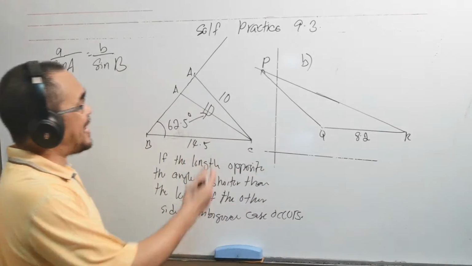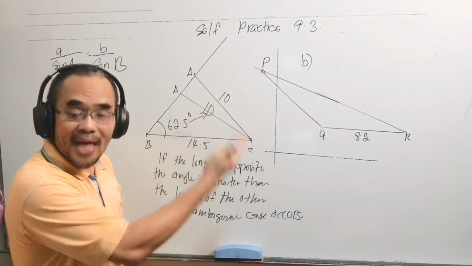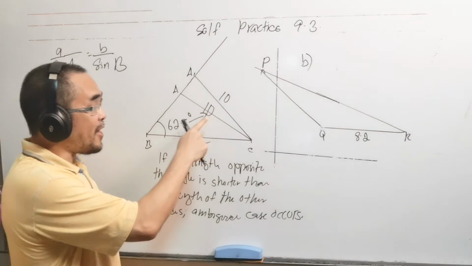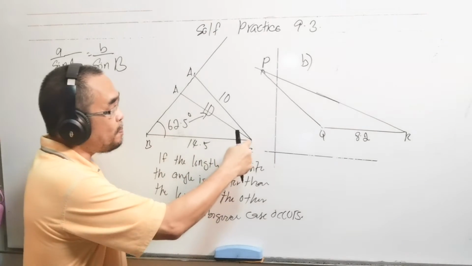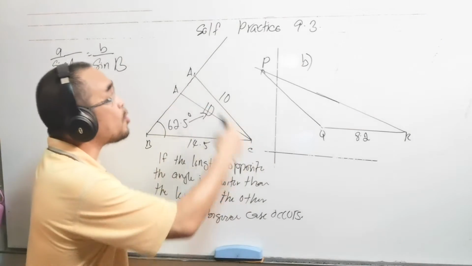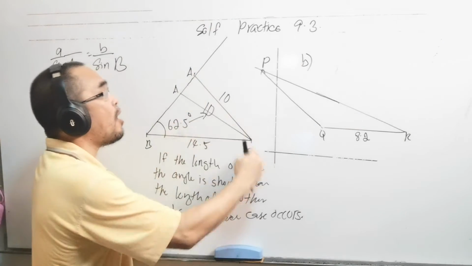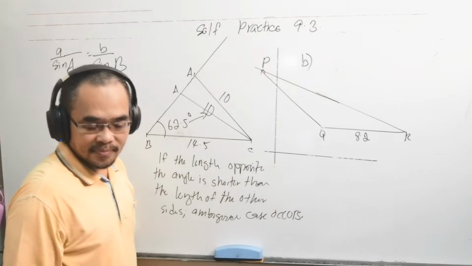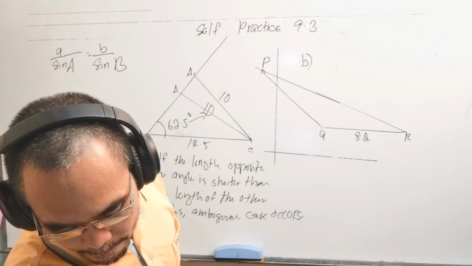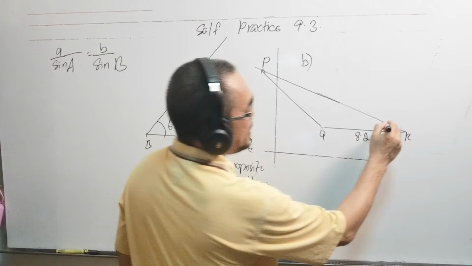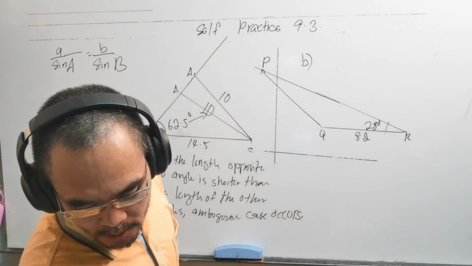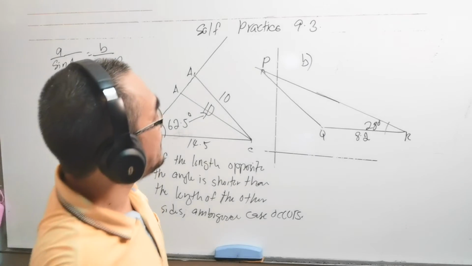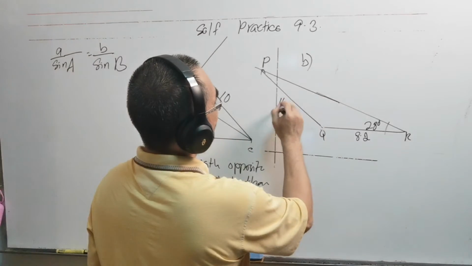So what is ambiguous case? When we have two sides. Let's say the front of this one, it has CA 10, could be this one or could be that one, inside or outside. So this should be 28 degrees, and this is 11.4.